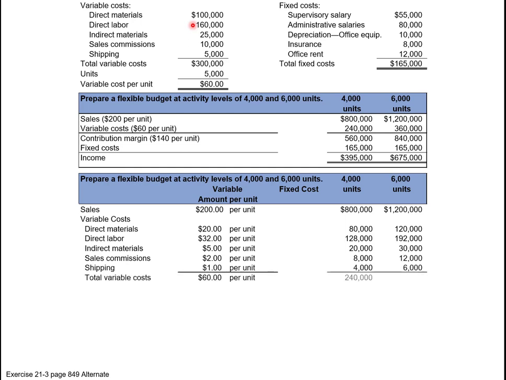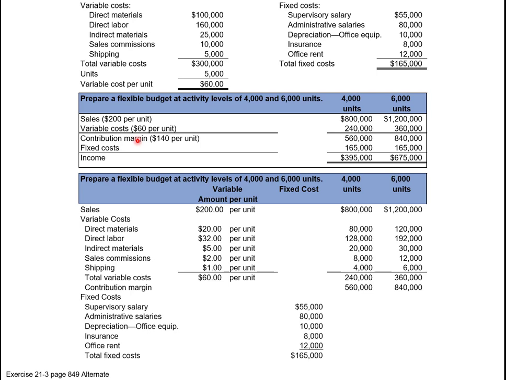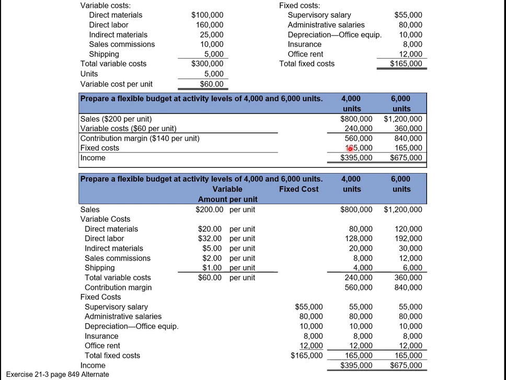We'll list all of the variable costs first, and you can see that the total variable cost is what we computed before, $60 per unit. Subtract from our revenue to get our contribution margin. Then we'll just list each of the fixed costs, which came in total to 165, and subtract that to get our income.